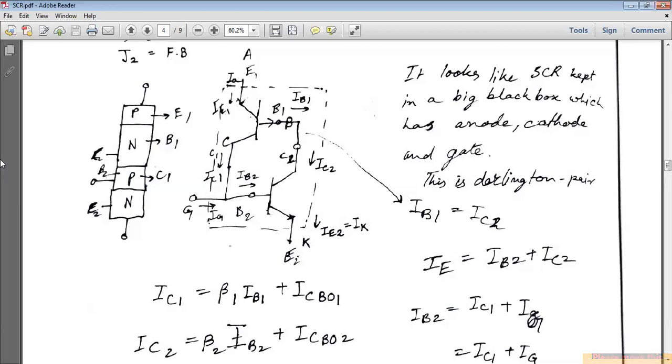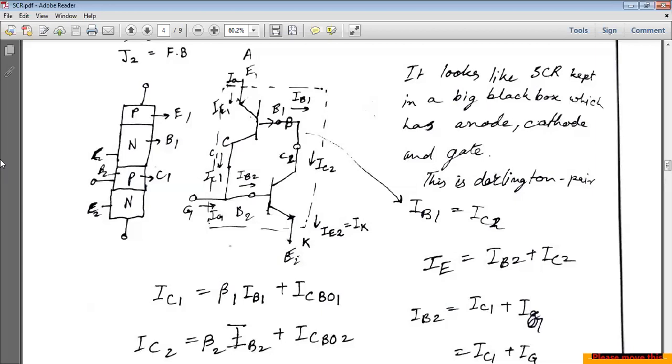Emitter current is equal to IB2 plus IC2. So IE2 is equal to emitter current, base current plus collector current, so IB2 plus IC2.